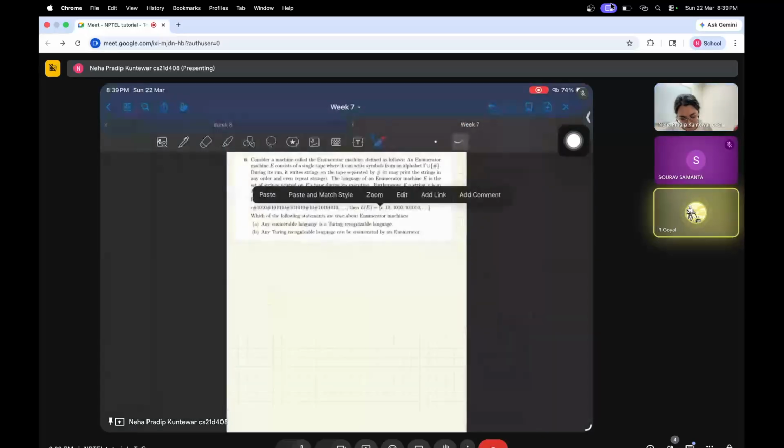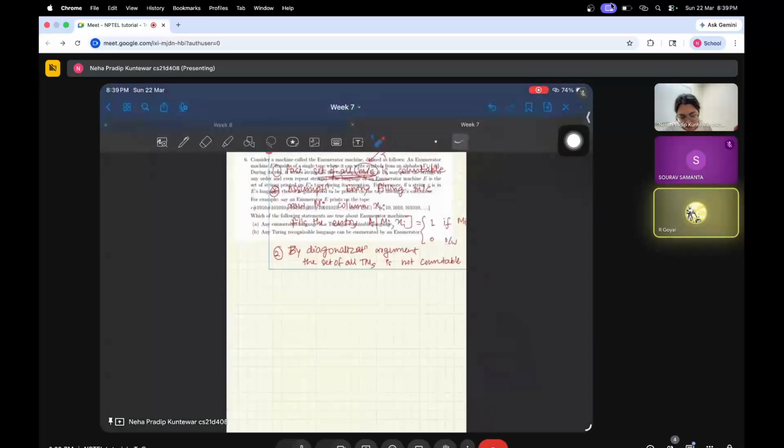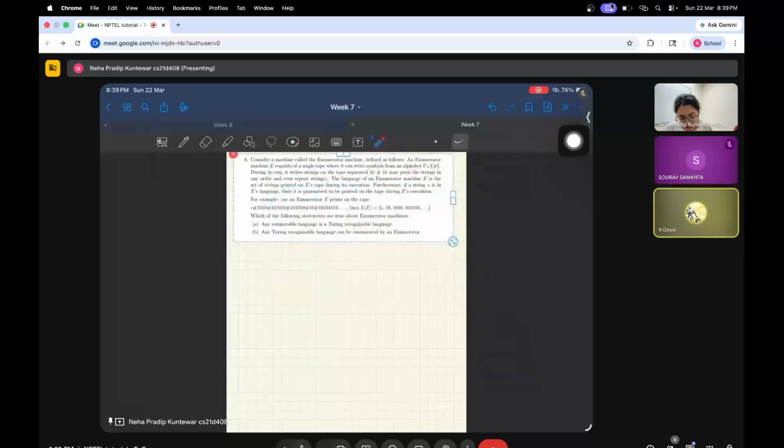Would it be possible for you to include in your notes, maybe today's or in the next session, the difference between the many-to-one reduction, the Karp reduction, and the Turing reductions? Because three reductions are being used in the lectures.